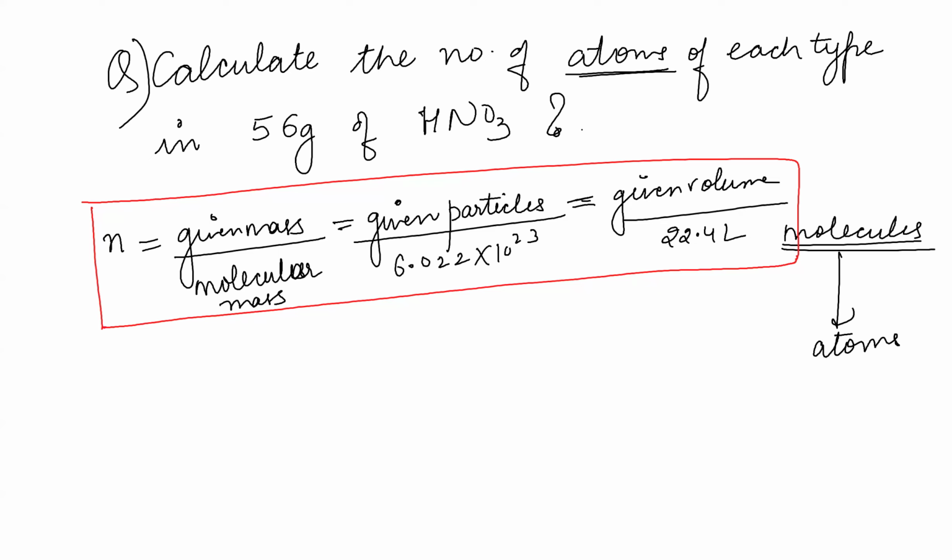So if we have 56 grams, and that's our answer, the number of atoms in the element is 5.